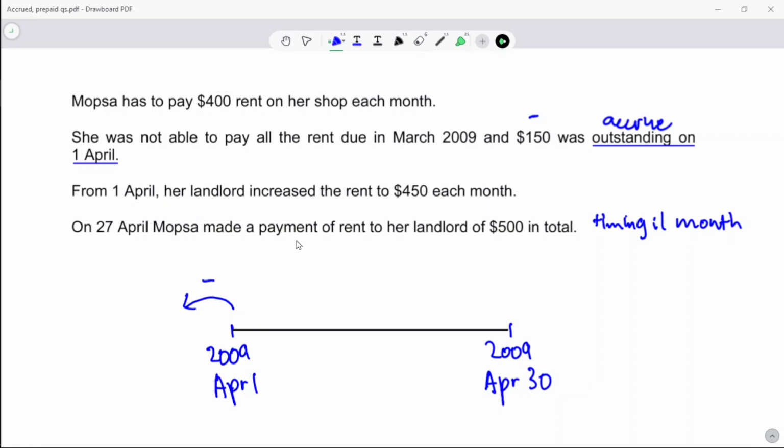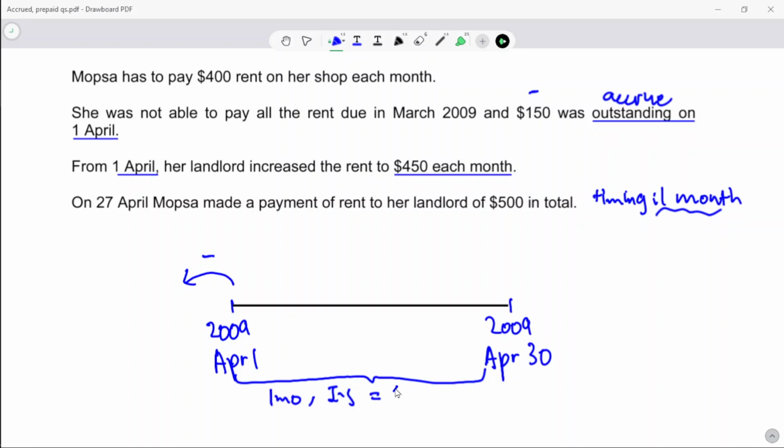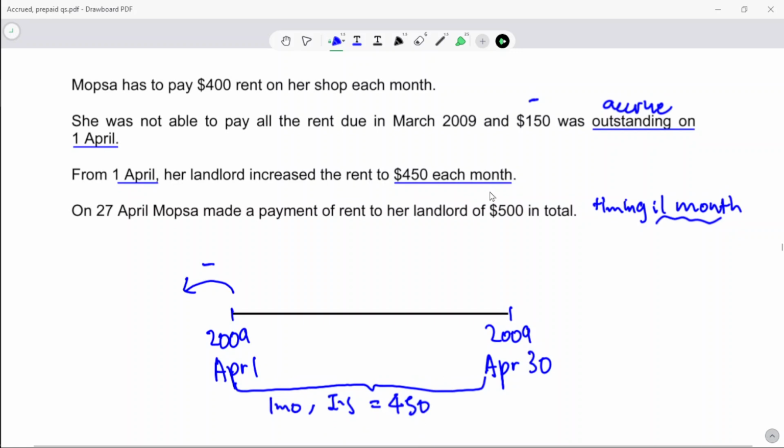Then he say from 1 April, so each month. So this one timing 1 month, right? So the entire thing is 1 month. So we make income statement for 1 month lor. So the income statement will be 450 lor. Okay. So I put this one income statement.